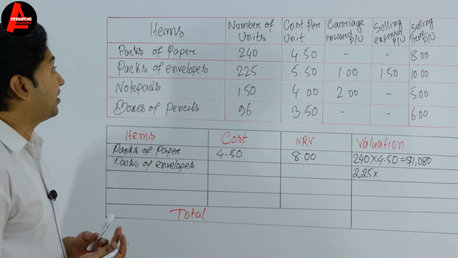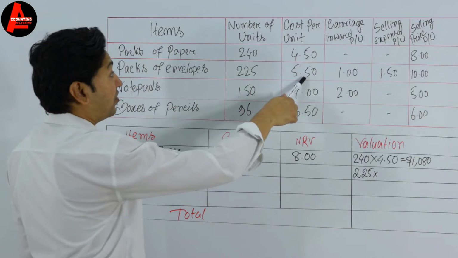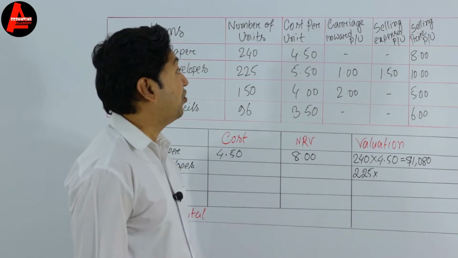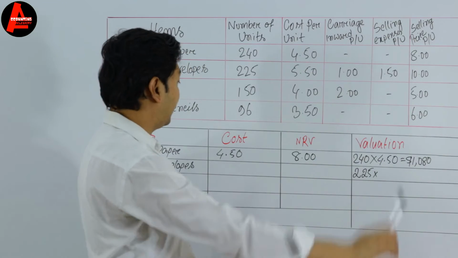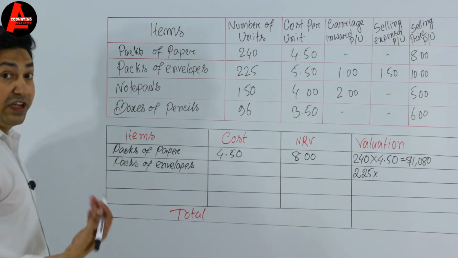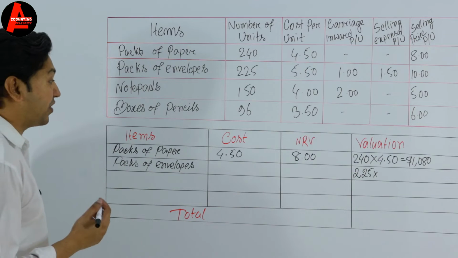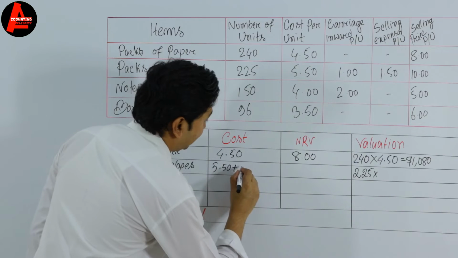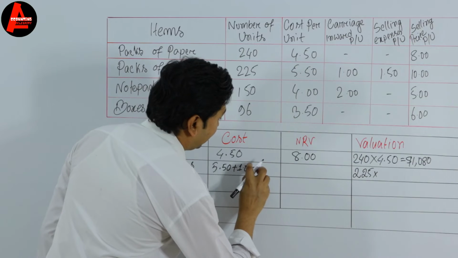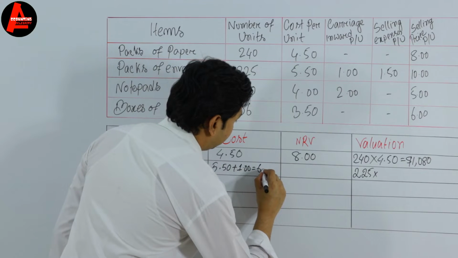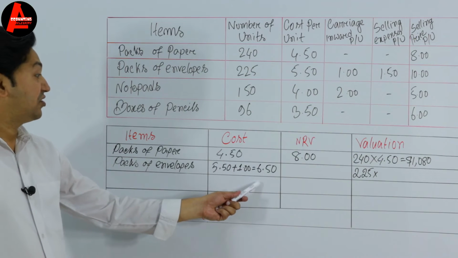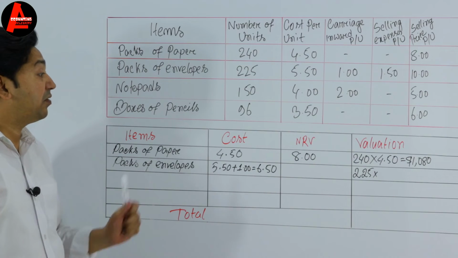Here the cost price is $5.5 and there is a carriage inward of $1 per unit. So we need to add this $1 with the cost price: 5.5 plus 1. So we get cost price $6.50 for the pack of envelopes.